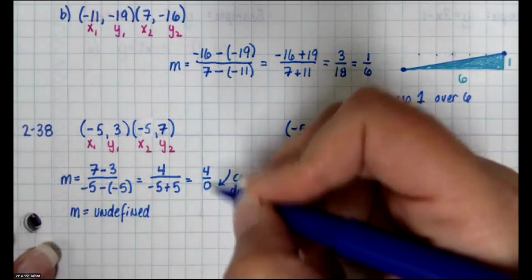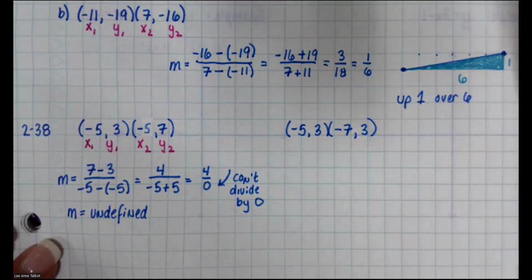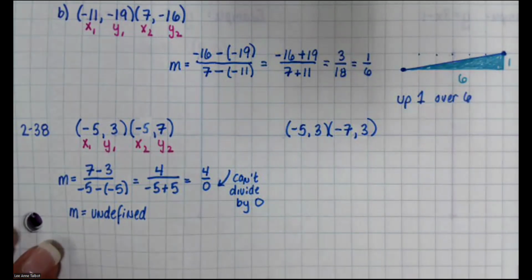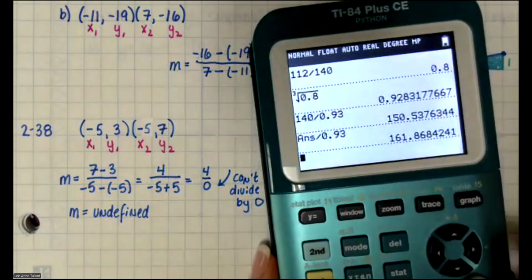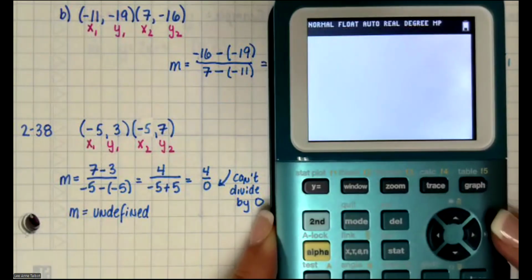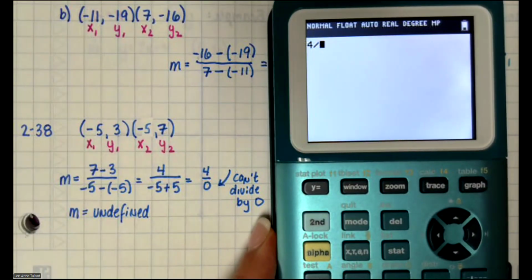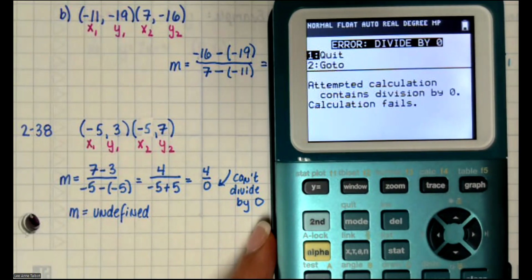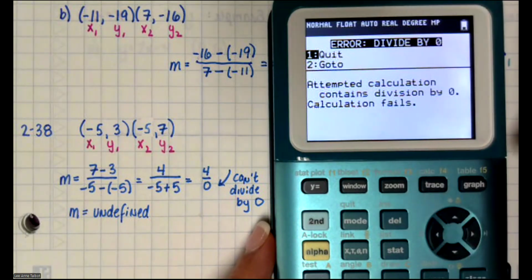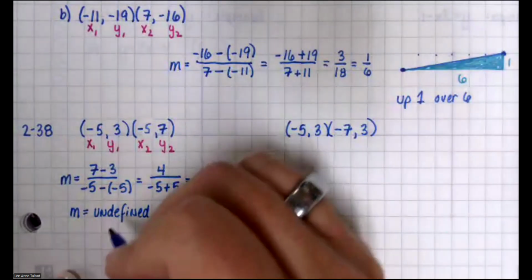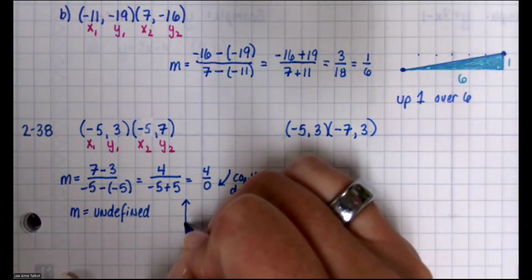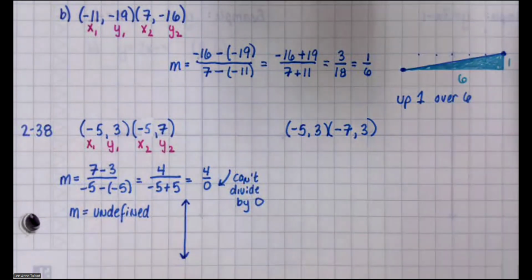If you try to do this in your calculator, go ahead, try to do 4 divided by 0. It's going to give you an error. So even if you're taking a test or a quiz and you can't remember which one is which, just do 4 divided by 0 and it will give you an error. So it's undefined. But what does that really mean? It means that the line is vertical.